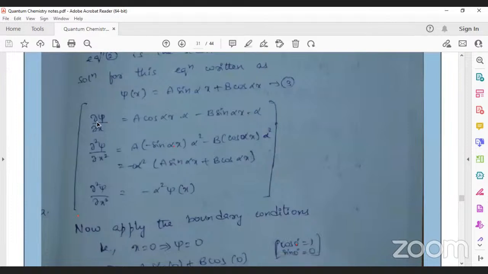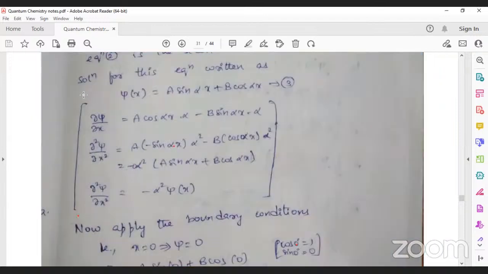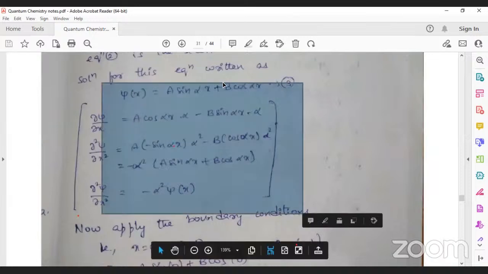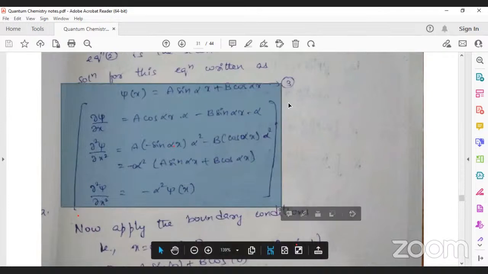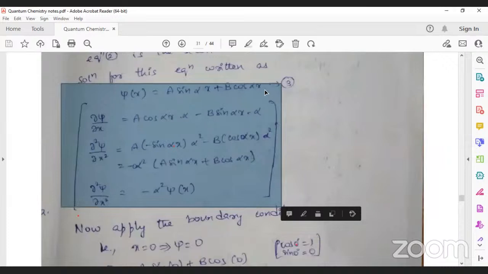If we do a differentiation with respect to x, just see these things. A into sin αx plus B cos αx. Now we are going to differentiate this with respect to x.